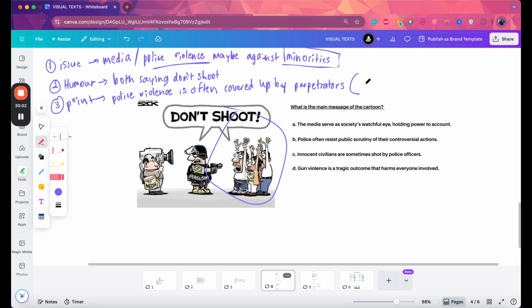Or that there's some sort of imperative to hide the injustices done to minorities from the media.